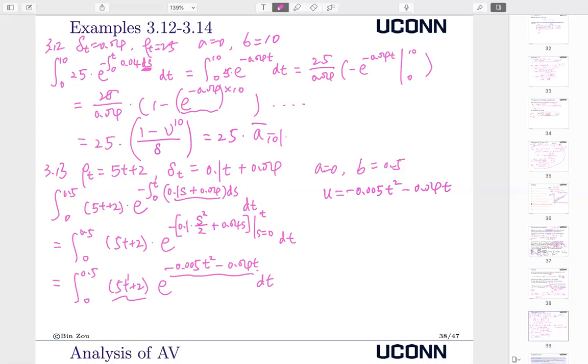Okay, then we want to put everything into u. So first we need to know what is du. Du would be negative, we differentiate the right hand side, 0.1t minus 0.04 dt.